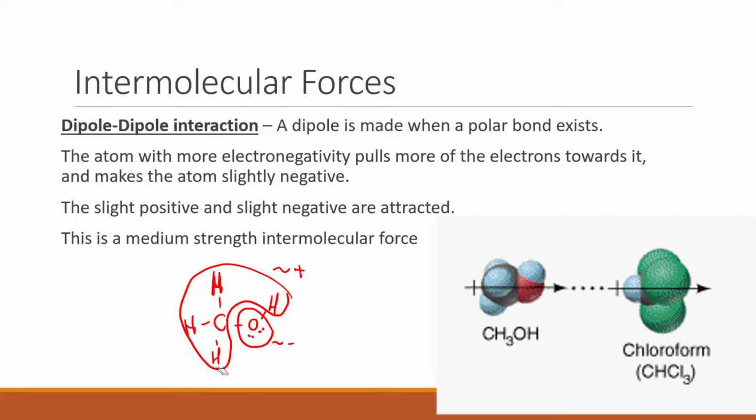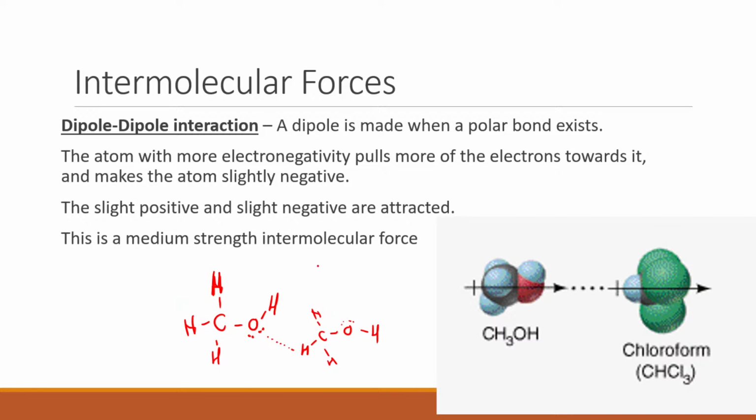Which means if I have this molecule paired up with another of this molecule, we're going to end up with a sort of negative spot attracted to a sort of positive spot, creating a literal magnetic attraction. And we're going to see that happen as we propagate this picture outwards, right?